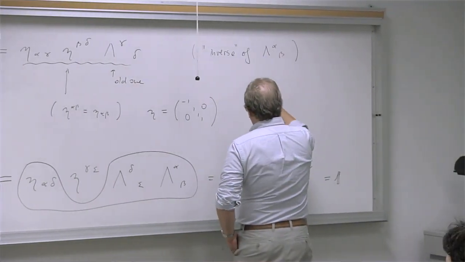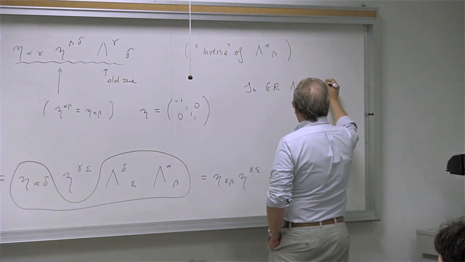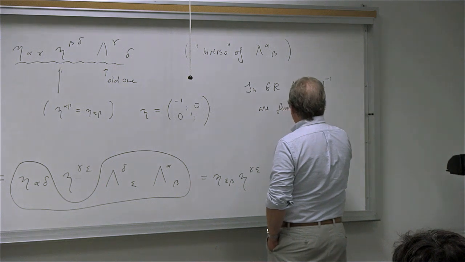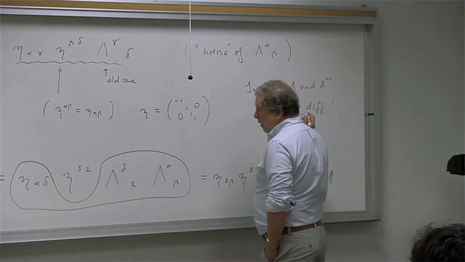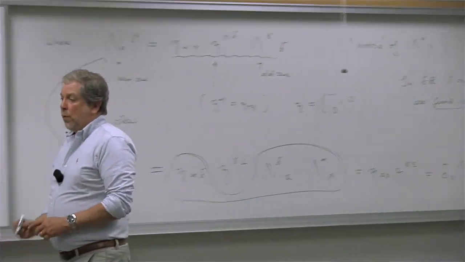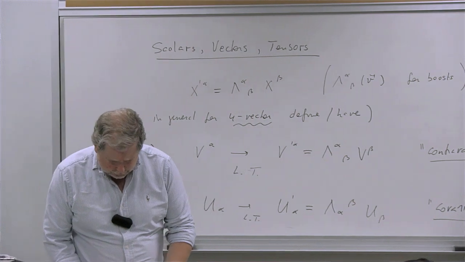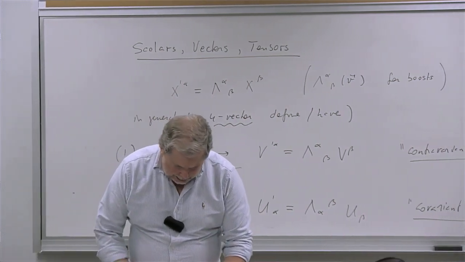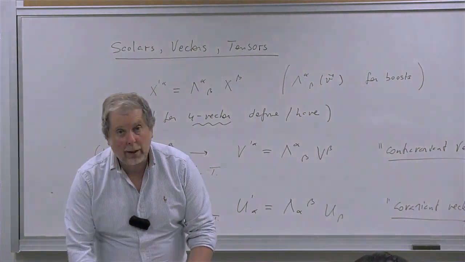And so in GR, lambda and lambda to the -1 are fundamentally different, okay? And so we will have to deal with this, and we will have to make this distinction between covariant and contravariant vectors. And I think this is an excellent place to stop, and we're going to continue on that next time.